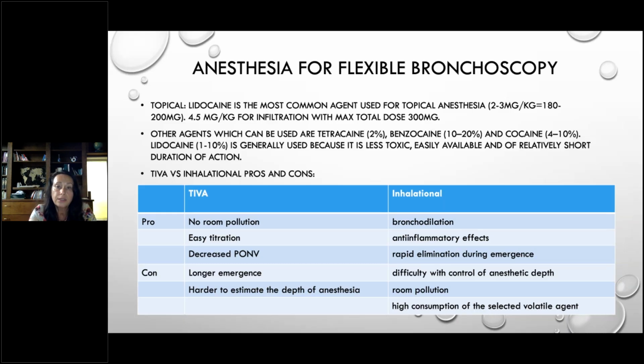Because of the possible leaks and suctioning, there's more room pollution, there's more atmospheric pollution. They can contribute to global warming and destruction of the ozone layer. And again, high consumption of the volatile agent because we have to compensate for the leaks with the higher airway flows, and that will cause higher cost of anesthesia.